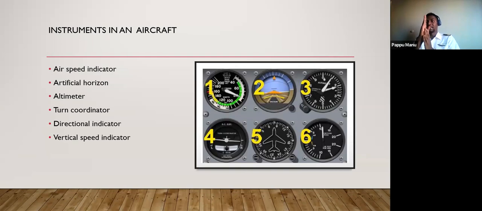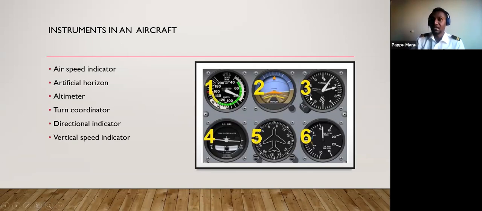That small triangle goes left and right. Exactly, Roland. It goes left and right, showing you if your aircraft is going straight and not turning to the left or turning to the right. That is your artificial horizon.